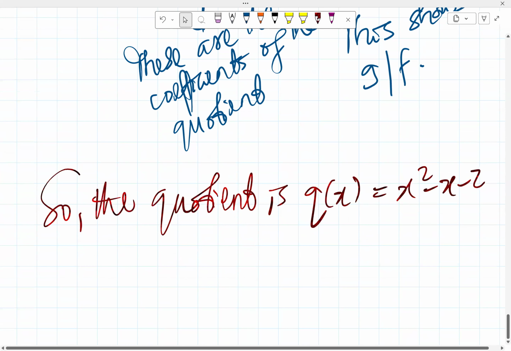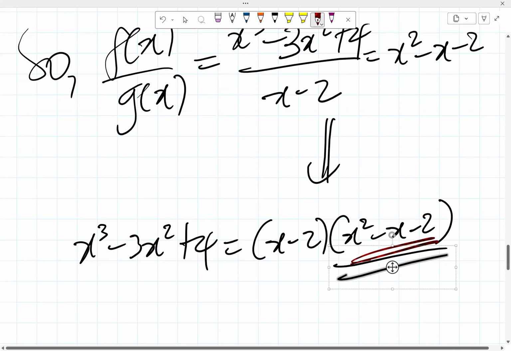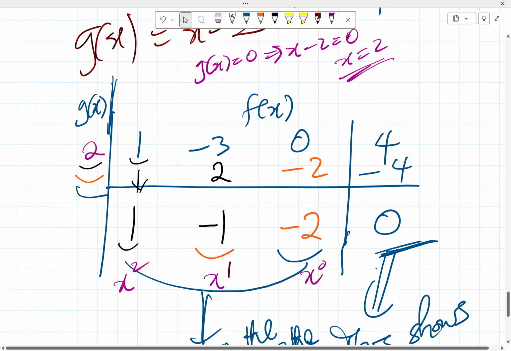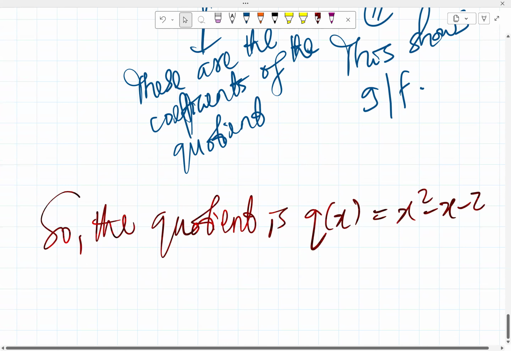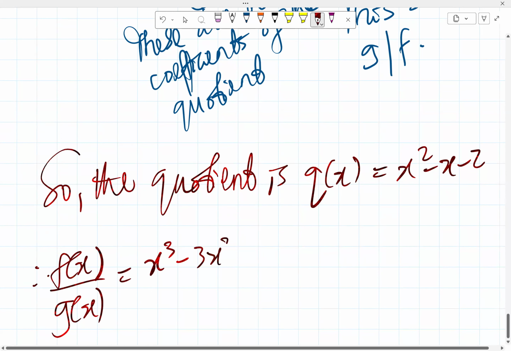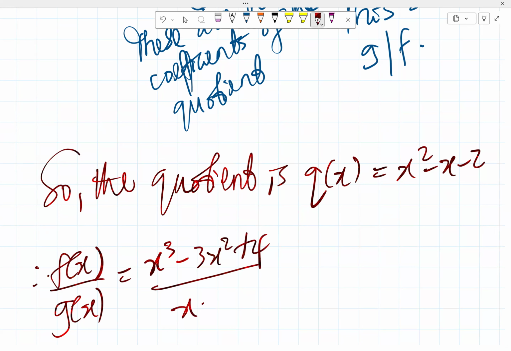So again, we can then say that therefore f of x over g of x is equal to, that's x cubed minus 3x squared plus 4 all over x minus 2, is equal to x squared minus x minus 2, no remainder.